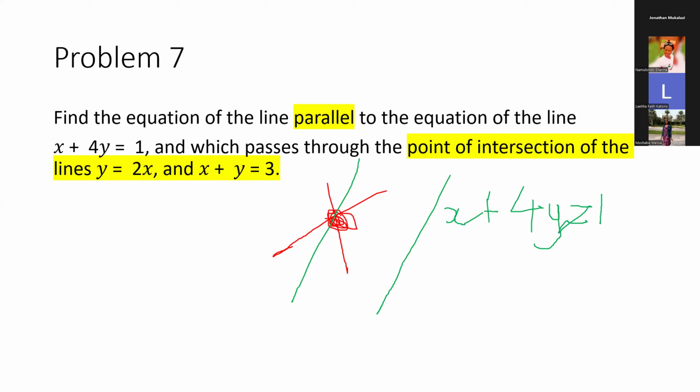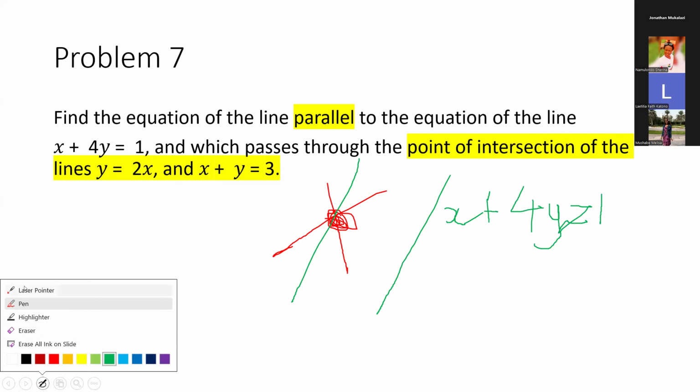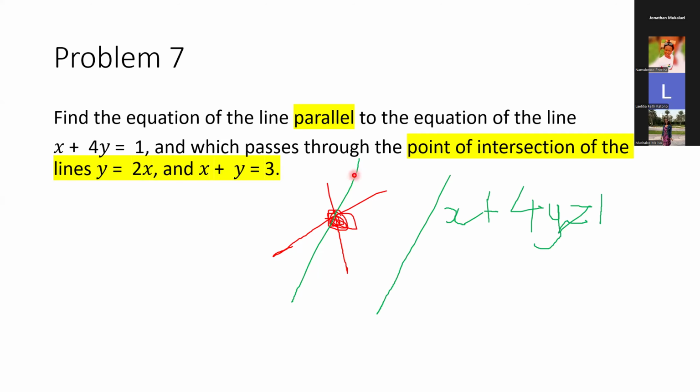So we are trying to find the equation of this line here. It passes through the intersection of these two lines, y is equal to x and x is equal to 3. And then it's parallel to this line here. Do you get that?